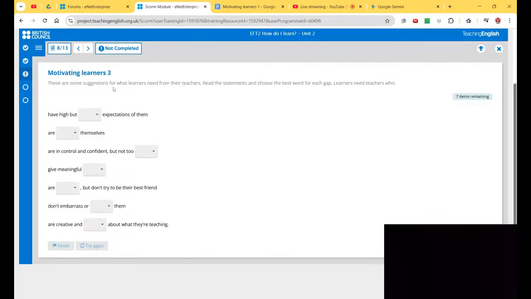These are some suggestions for what learners need from their teachers. Read the statement and choose the best word for each gap. Learners need teachers who have high but realistic expectations of them.